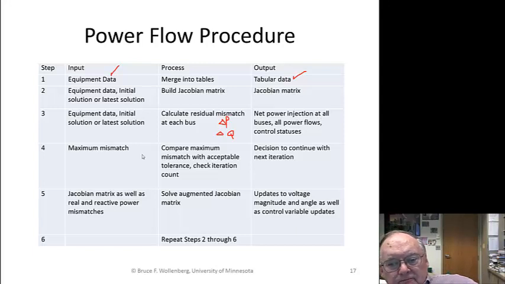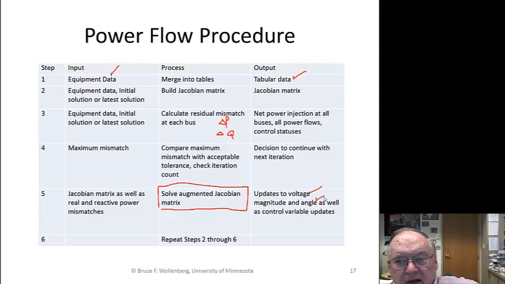Then we compare the maximum mismatch with the acceptable tolerance, and if we decide to keep iterating, we solve that matrix equation that we had before, and we update the voltage magnitude and angles. So we say voltage is equal to the old voltage plus the delta V, the angle is the old angle plus the delta angle, and we go back through again.